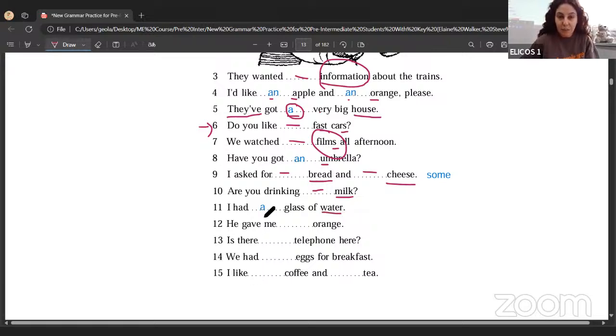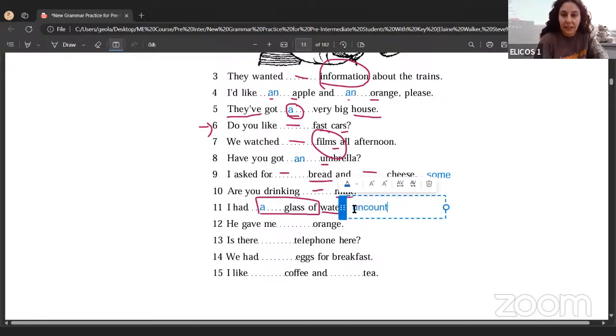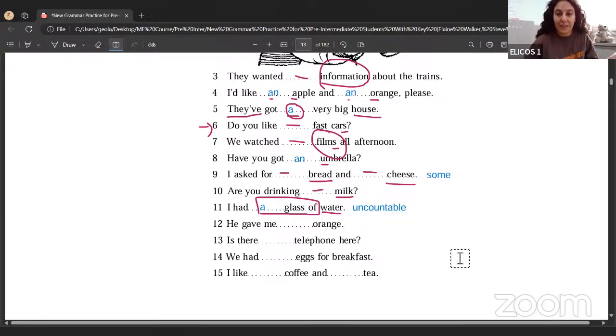And remember, we've got a measurement. A glass of. This is our measurement for the uncountable if we want one. So I had a glass of water. 12, Deeper. He gave me an orange. Yes, he gave me an orange. 13, Sarah.